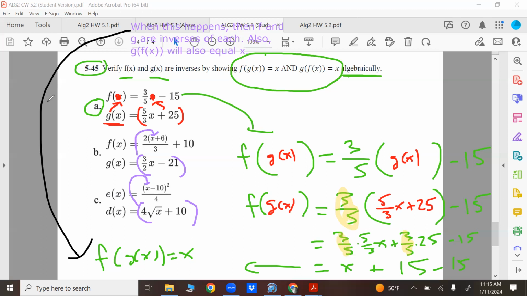That should be 6 and x with 4, but wait, that's weird. Plug in 4. You get 4.